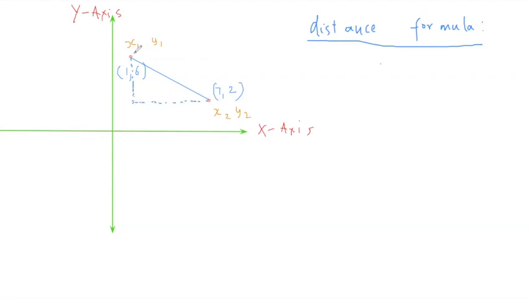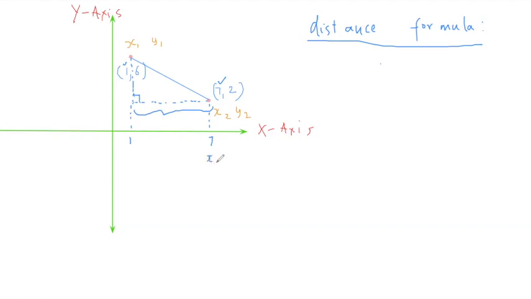If I were to join the 2 lines, horizontal and vertical, and make this a right angle triangle, then this distance here is the distance between the x coordinates of these 2 points. So the x value here is 7, right? And the x value here is 1.